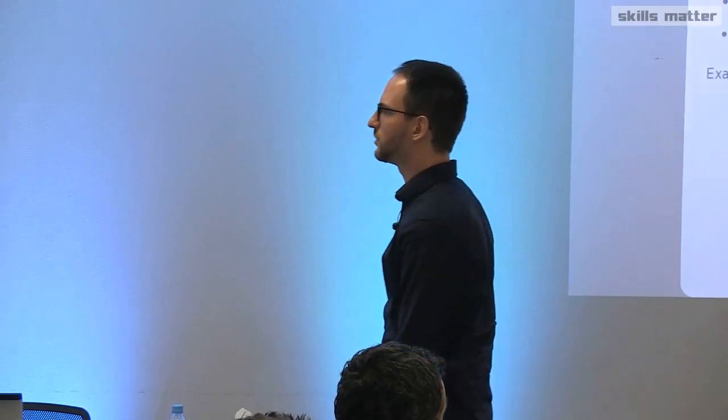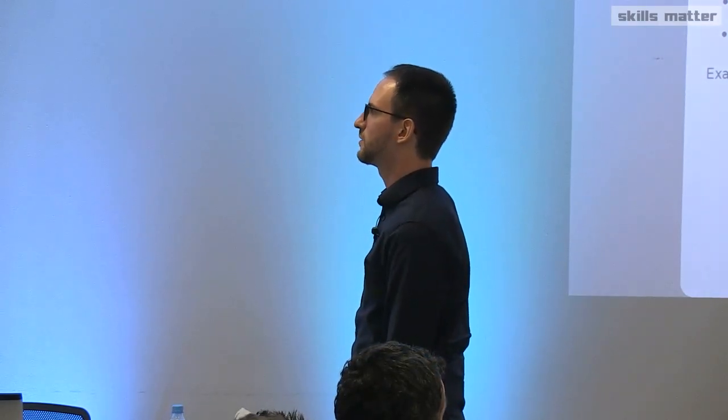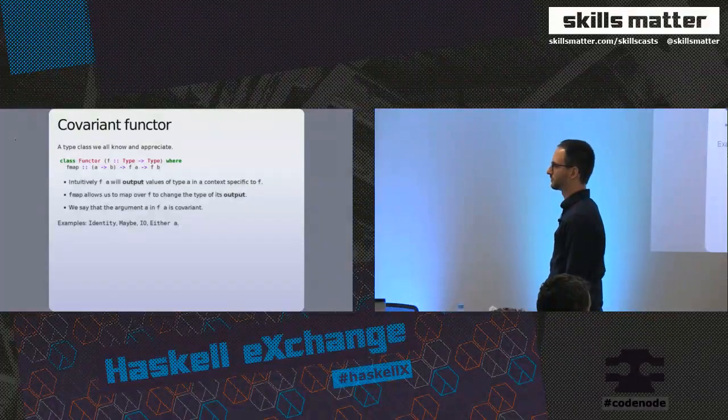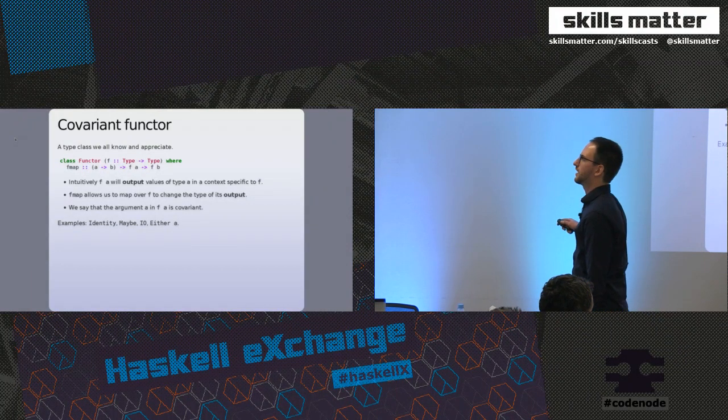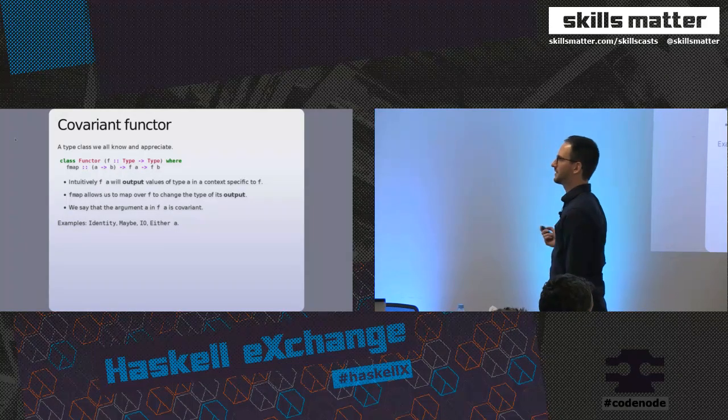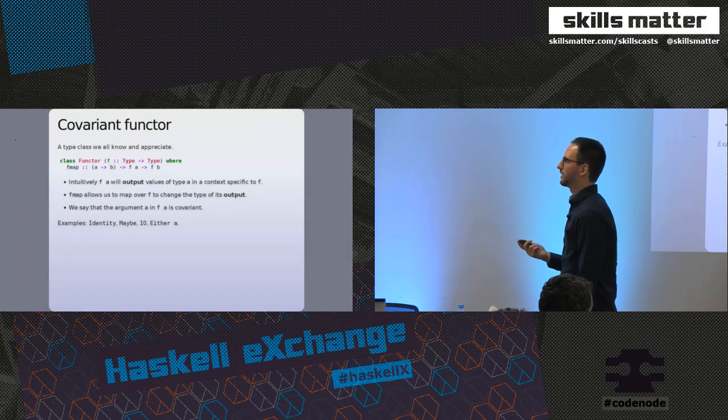So intuitively, f a will output values of type a in a context specific to f, right? And the fmap function allows us to map over f to change the type of its output. And we say that the argument a in f a is covariant. So if we're talking about a functor, we're talking about something that outputs things in some specific context. And examples are plenty, right? The Identity functor, the Maybe functor.